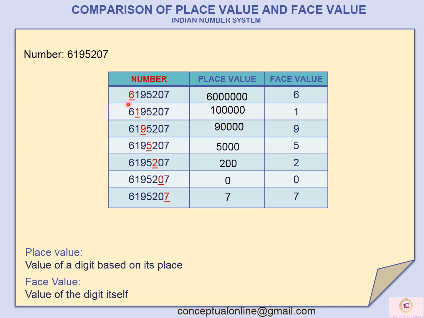So 6 in this example will have a place value of 60 lakhs and a face value of 6. 2, if we take this example, will have a place value of 200 and a face value of 2. I hope this difference is very clear. You can just compare the values, note down and compare the values. Then you'll be able to make out what is the difference between the place value and face value.